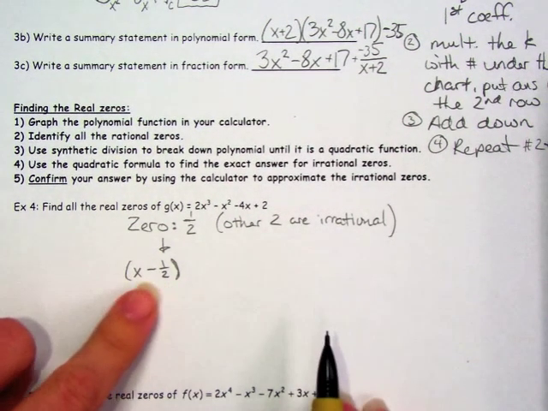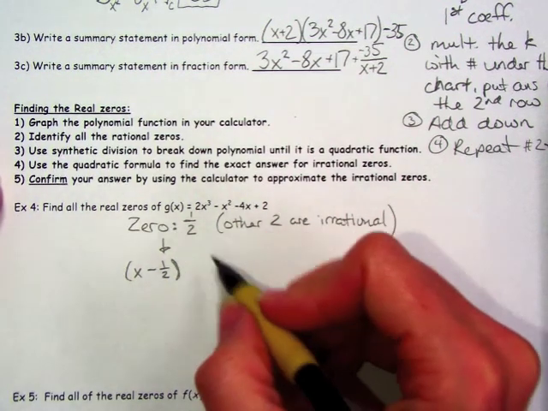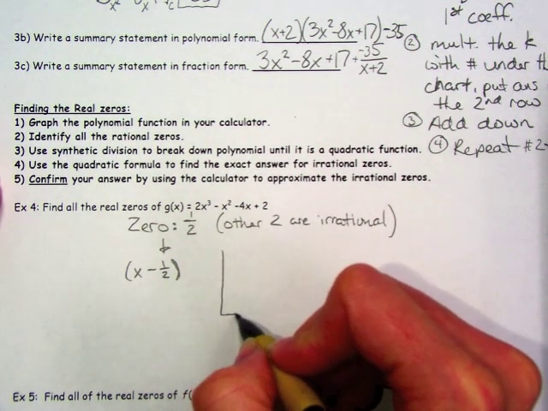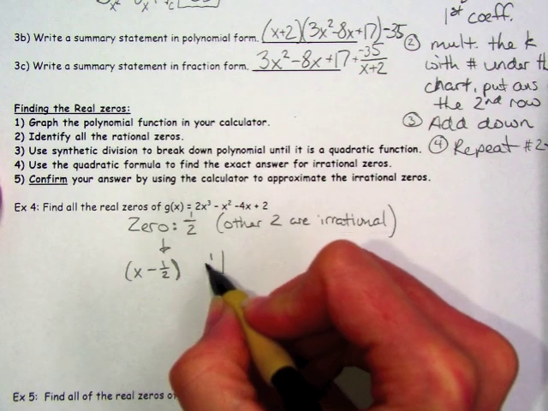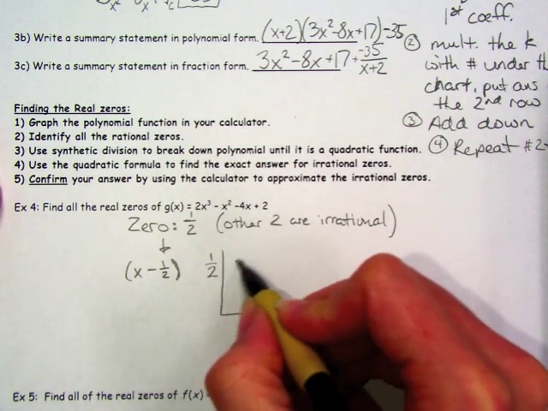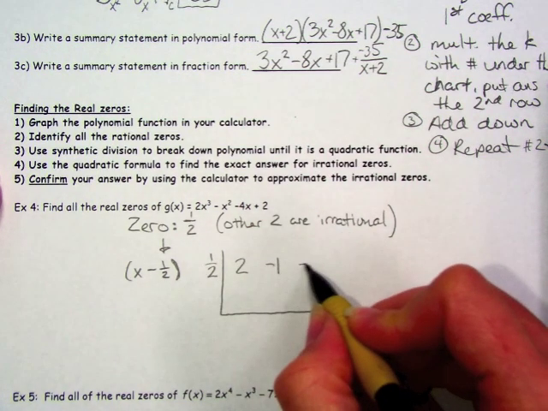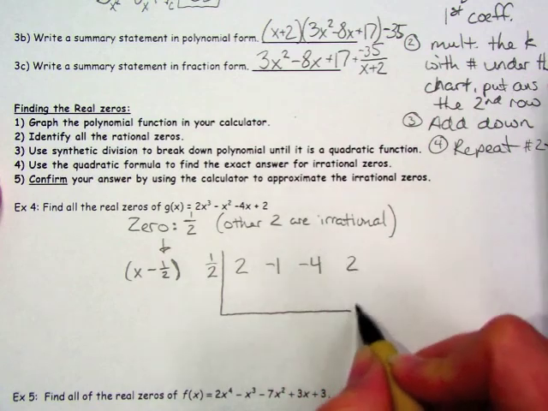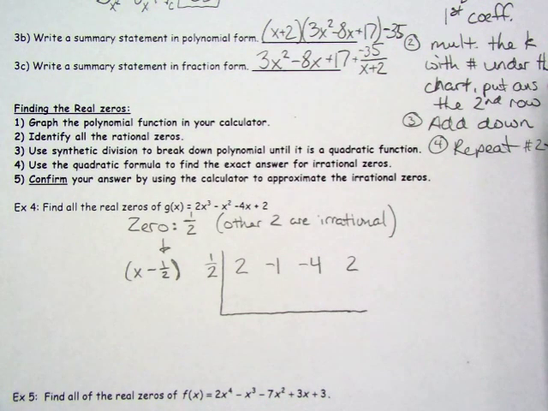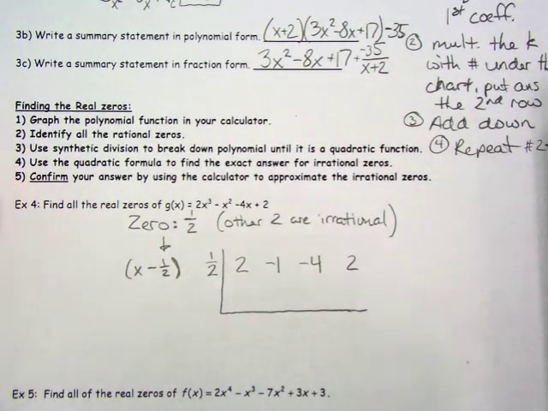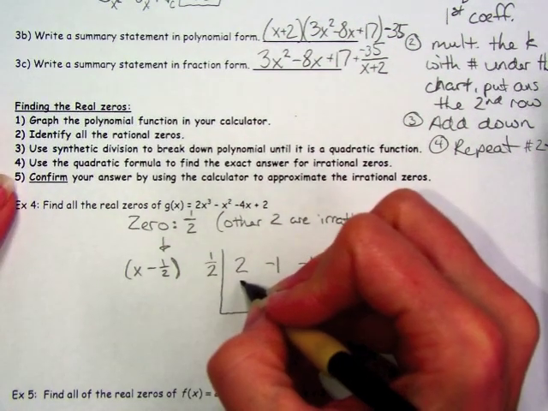It's in the form x minus k, so I can do synthetic division. Put my k on the outside, put my coefficients along the top. If you think you got it, pause it and go through and try it yourself. If you're stuck or not quite confident, you can work through it with me again.